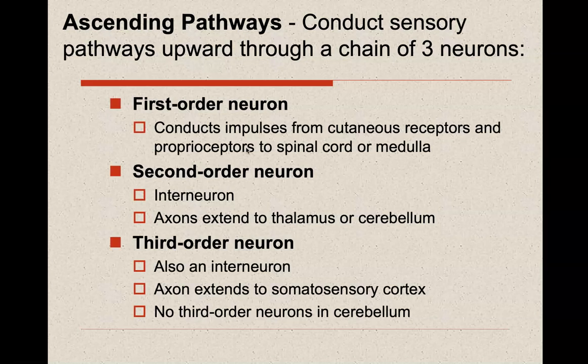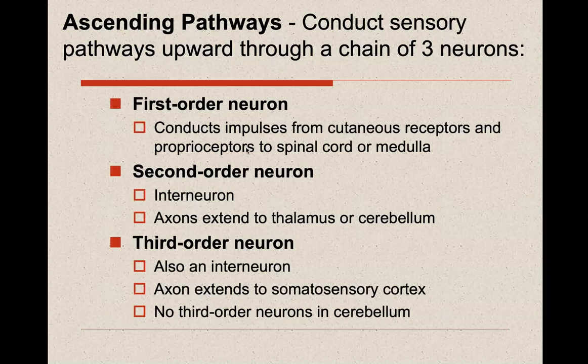So those types of receptors, again our somatic receptors, are going to send information to these first order neurons, which conduct an impulse from those receptors all the way to the spinal cord or the medulla.